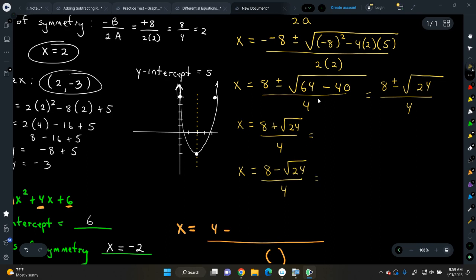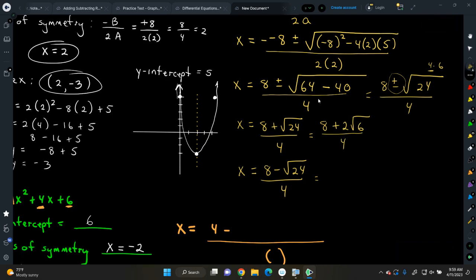Can we simplify the square root of 24? Why did it become a minus? It's a plus or minus right here, so we have to set it up as two equations. Oh, okay. So square root of 24 is 4 times 6, right? And I can take the square root of 4. So it's 8 plus 2 root 6 over 4.